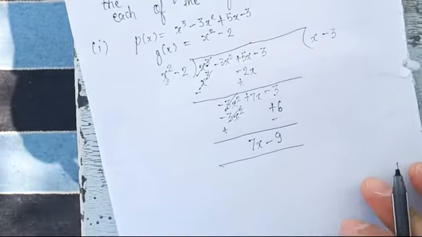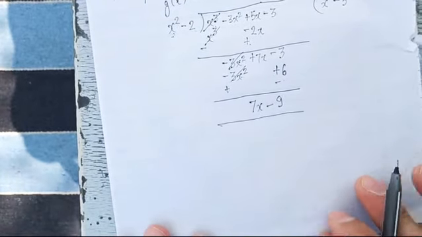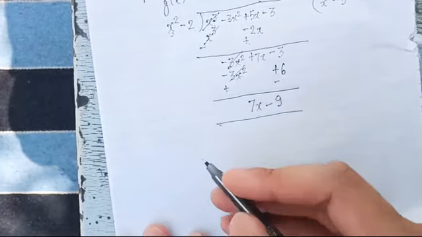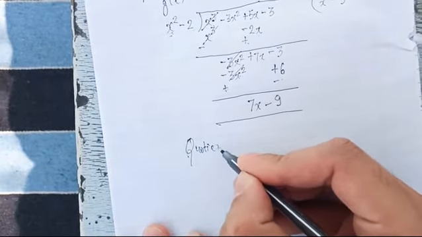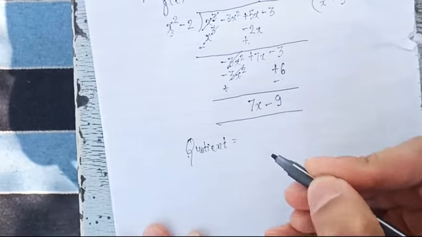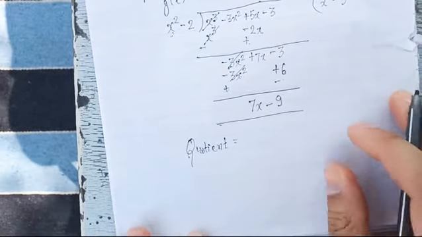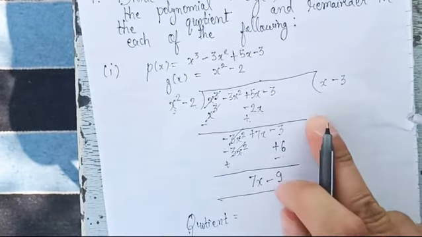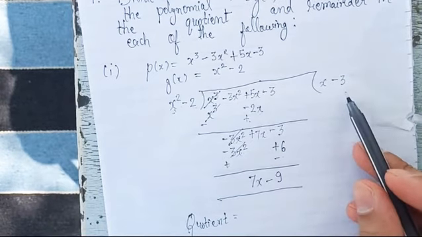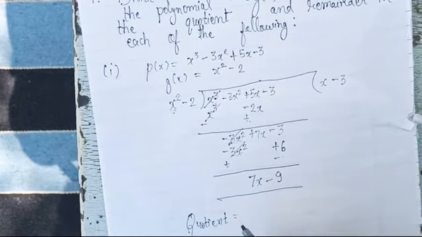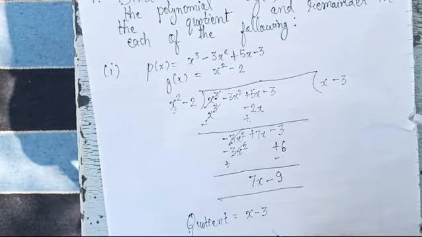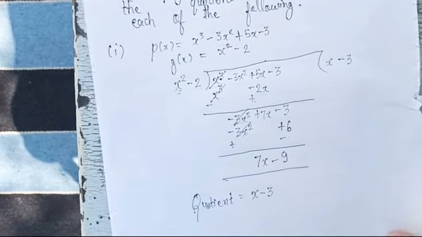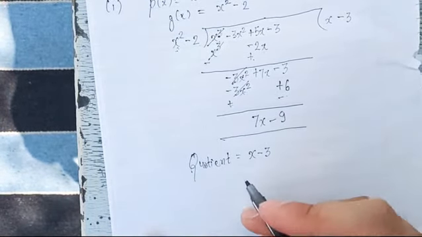Here the question is completed, and at last you will write, what you will write? Quotient is equal to, okay, look at the quotient, x minus 3. So quotient is x minus 3.